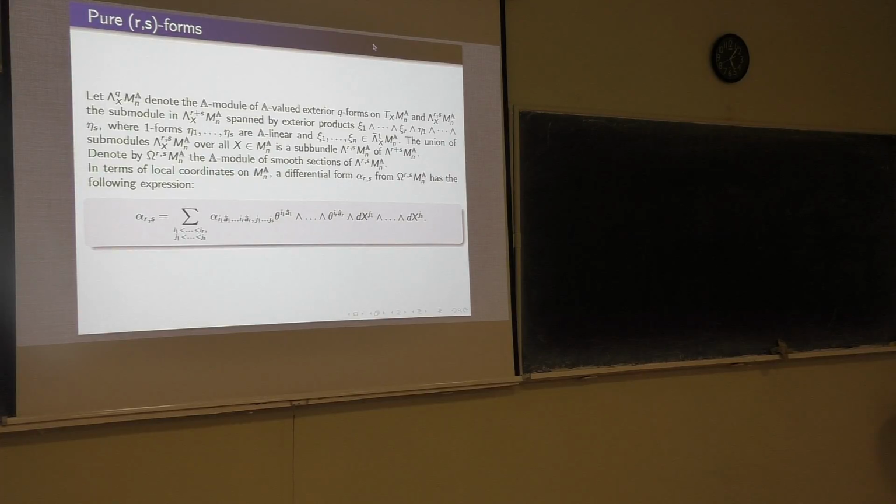So these forms are called pure or bigraded. So theta corresponds to normalization again, and dx corresponds to the A-linear part.